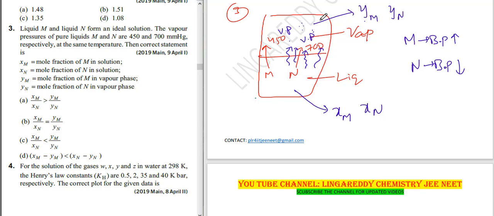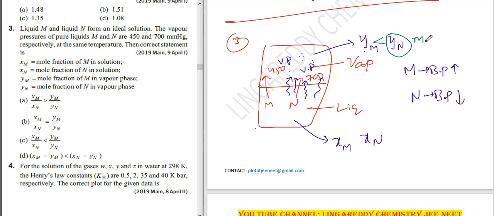In the vapor phase, YM and YN, which is bigger? YN will be more, because N vapor pressure is more. Now, N is going maximum to vapor, so obviously here XM will be more.